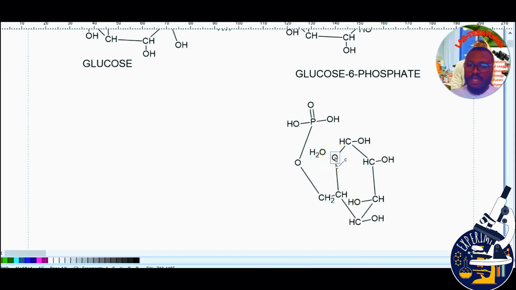We now take that one away because we are replacing it with this one. So here we break that O out. So we come up here, we connect these two, and instead of this and that, now because of isomerization, we are connecting it to this carbon to make this structure. So this is what we call an isomerization.